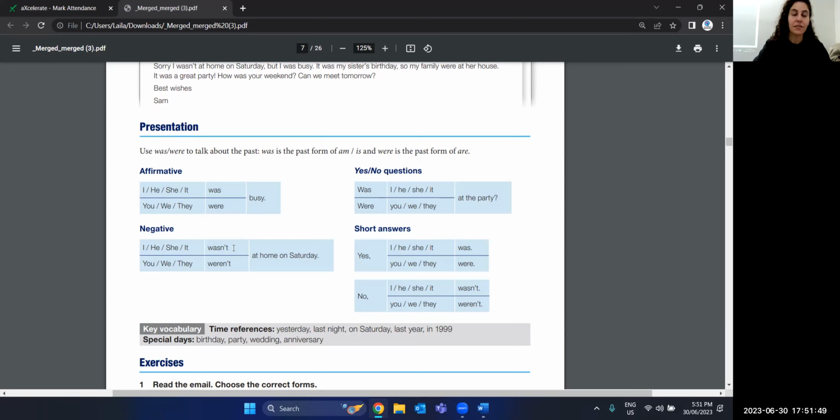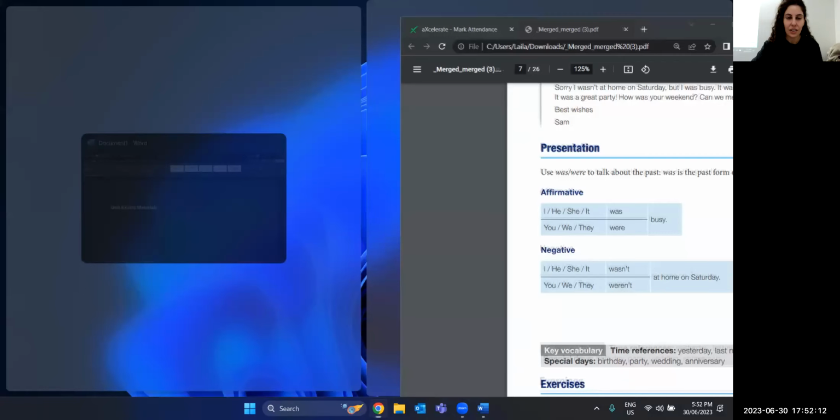And if it's the negative, you just add not. To make a question, first start with the verb, was or were. So depending on the subject, start with the verb and then the answer, yes, I was, no, I wasn't. So pretty simple. We looked at that earlier in the week.